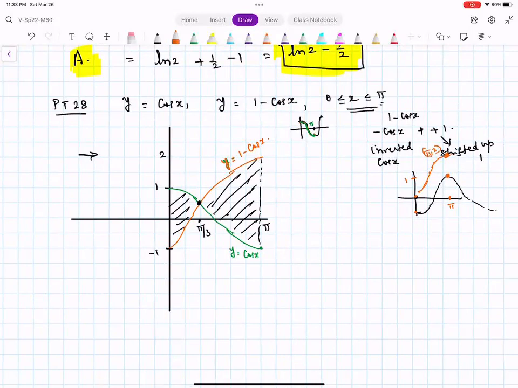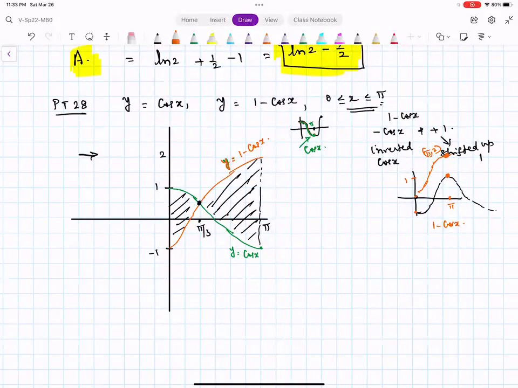So I'm now combining the two graphs, the green one, which is the cosine x graph in the interval 0 to 2 pi, with the red graph, which is between 0 to pi, which is the 1 minus cosine x graph.